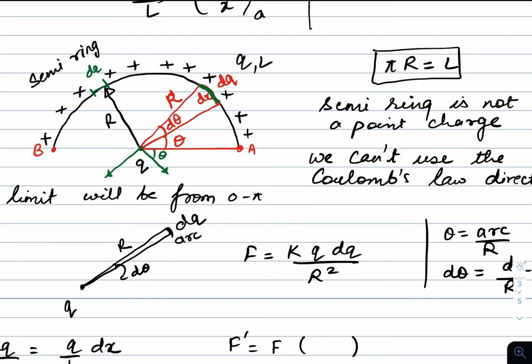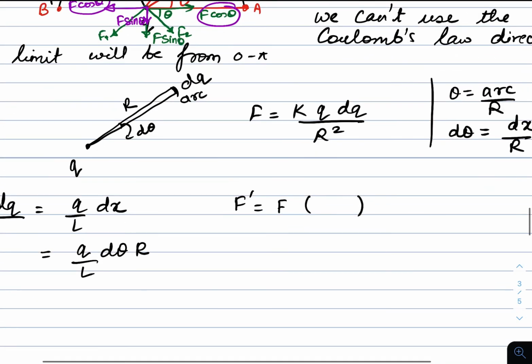Say this is angle theta, so this is force F1, this is force F2. The value will be the same, so we can just say F and F. If I resolve this force, this will be F cos theta and this will be F sin theta. Similarly, on resolving this one also, this is F cos theta and this will be F sin theta. So you can see the F cos theta component gets cancelled out, and we are only left with F sin theta. So here the extra thing will be F sin theta, right?